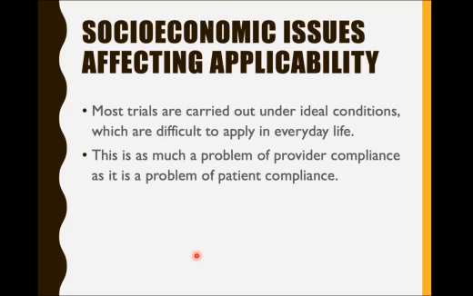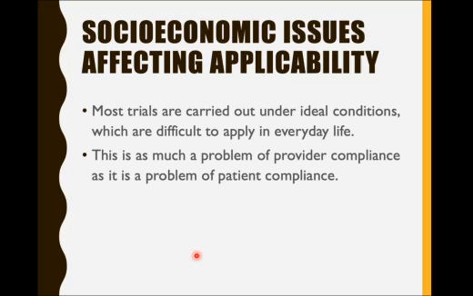Now, look at socio-economic issues as well that can affect applicability. Most trials are carried out under ideal conditions, which are difficult to apply in everyday life. So this is as much a problem of provider compliance as it is a problem of patient compliance.